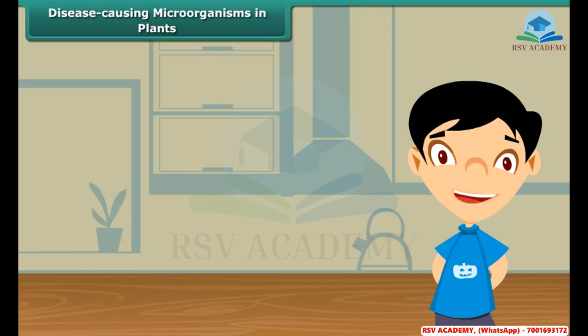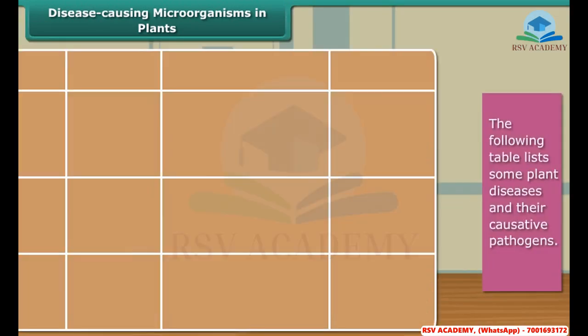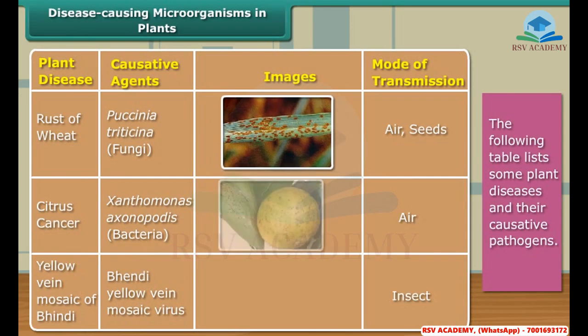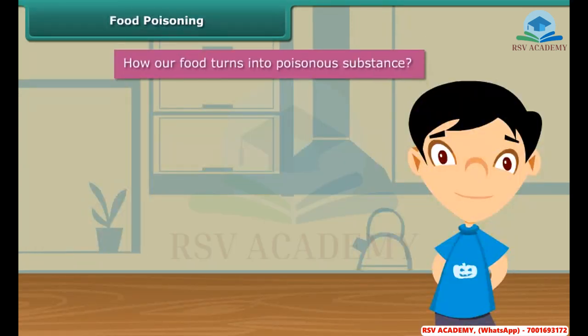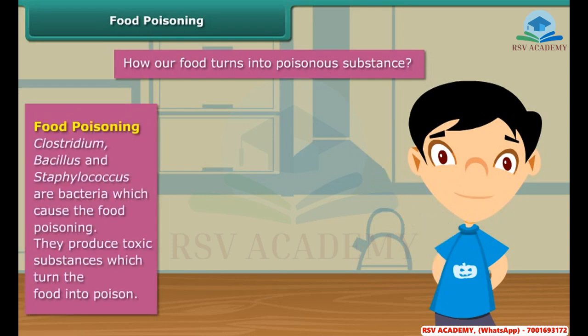There are several microorganisms which cause disease in various plants. The table contains some widespread plant diseases and their causative pathogens. Friends, in the summer season, if food is lying in the open for a longer duration, the food turns stale and finally becomes a poisonous substance. The cause of this is again the same, bacteria.